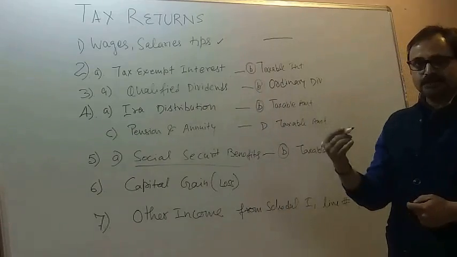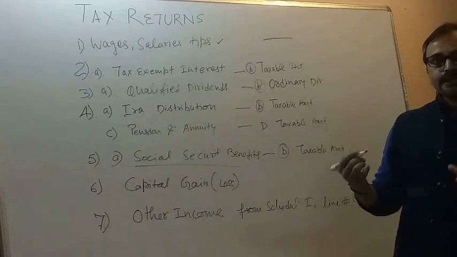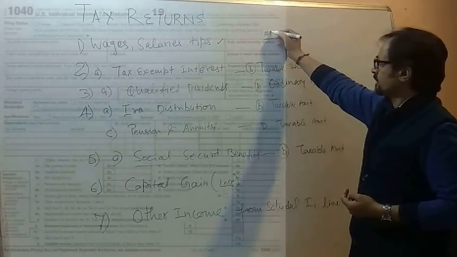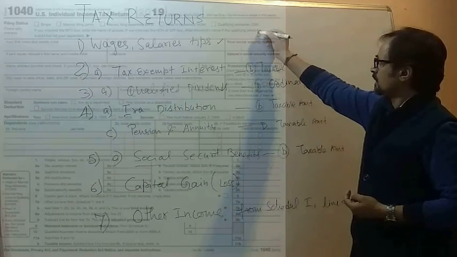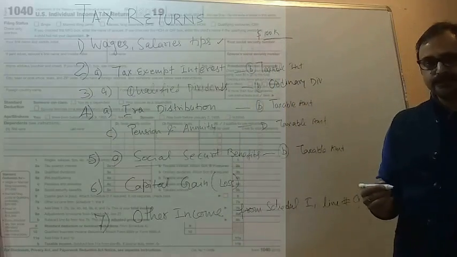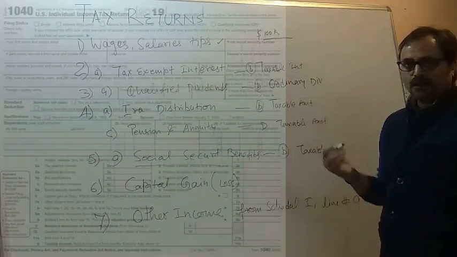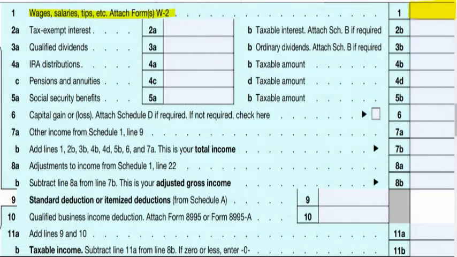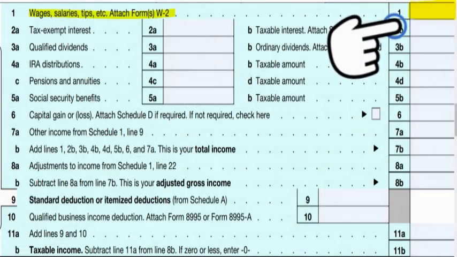Like if someone has worked with one employer and earned $100,000 income in the previous year, it is going to appear here. How can we compare this income? What is the document? That is the W2, right? Whatever income they earned in the W2, that income is going to appear here.